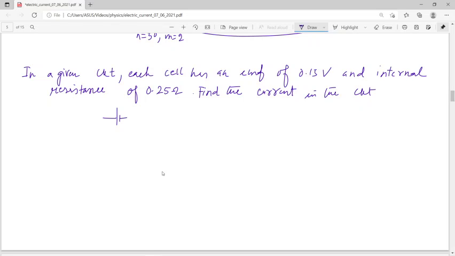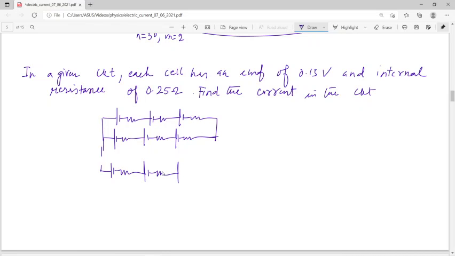There is a resistance, and they will show dot dot dot, saying there are 10 rows, connected to a resistance of 10 ohm.